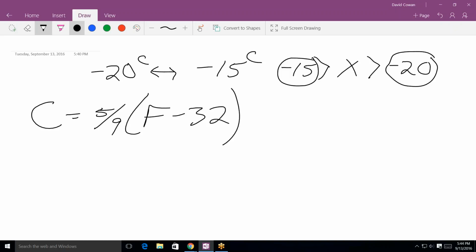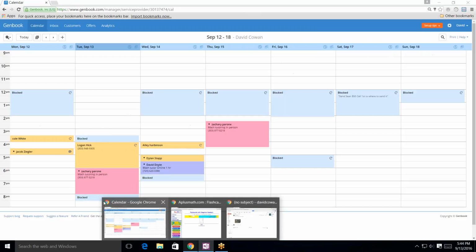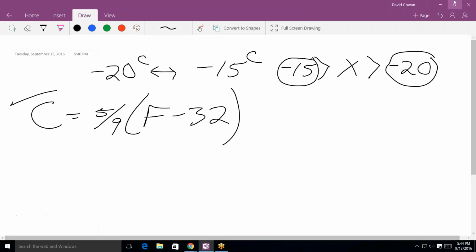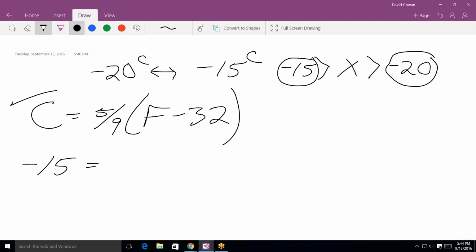However, to convert it, when you write this equation here, that means that the temperature in Celsius is equal to 5/9 times the temperature in Fahrenheit minus 32. So I can substitute -15 for the C and then solve for F to get this temperature.